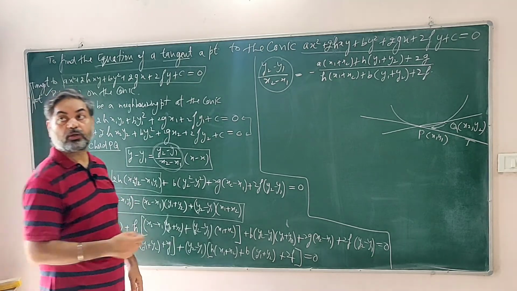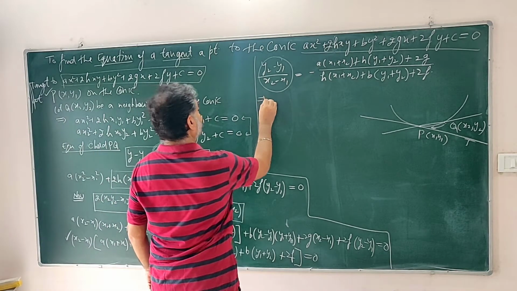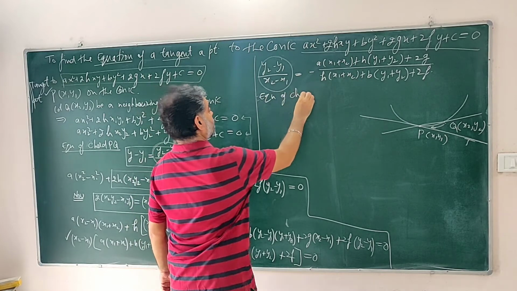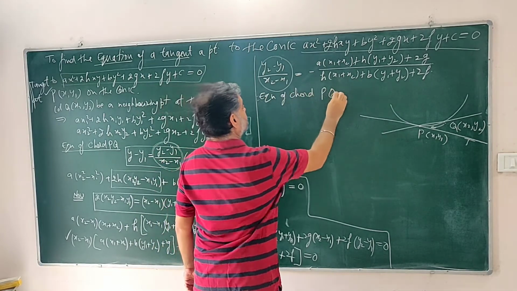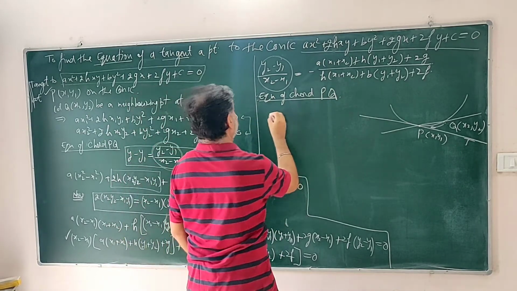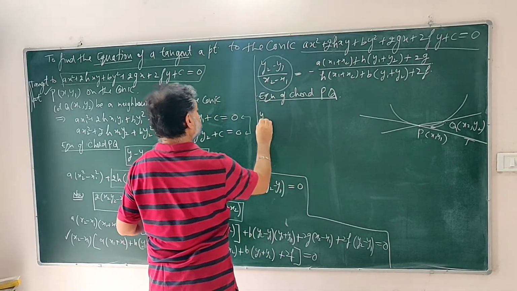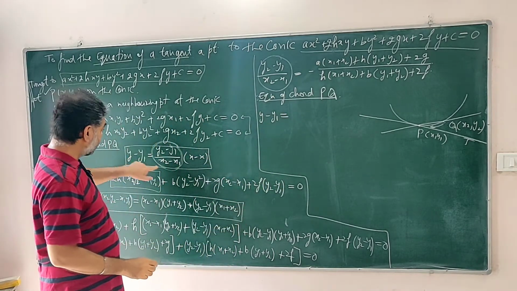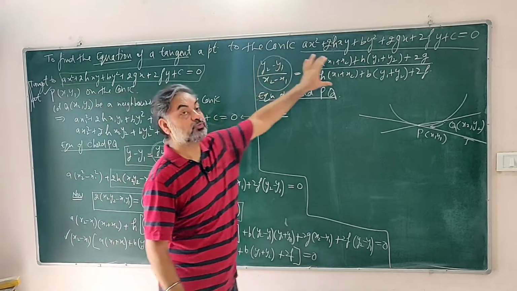So the equation of the chord PQ becomes y minus y1 is equal to this (y2 minus y1) over (x2 minus x1), whose value is here.